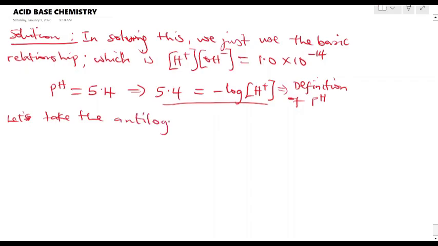Let's take the antilog. So taking the antilog, we have hydrogen ion concentration, which is this one here.